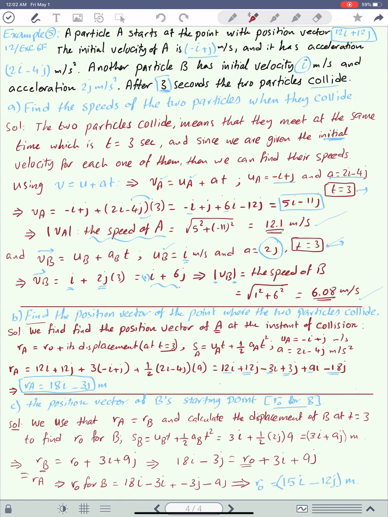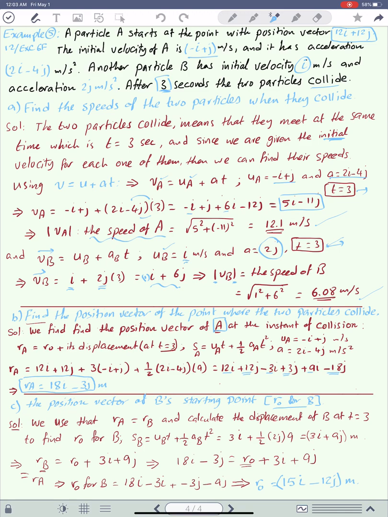To find the position vector when they collide, we need to calculate the displacement at 3 seconds, because we don't know the displacement of A or B when they collide. Another point here: we do this calculation for particle A. Why?